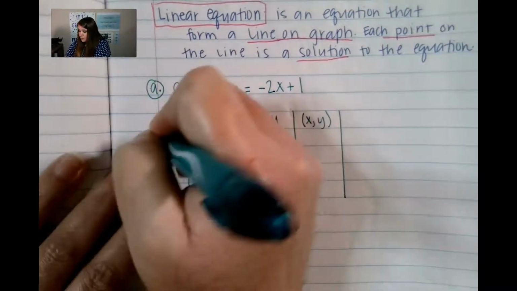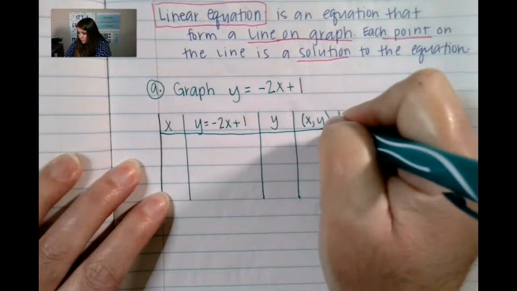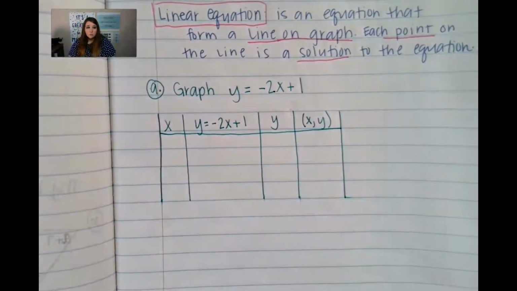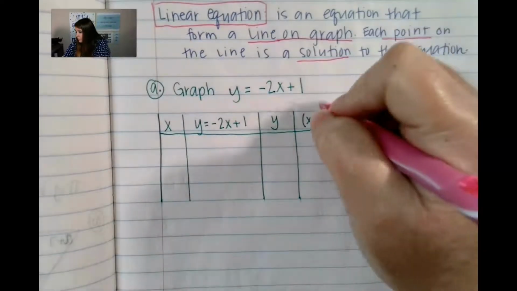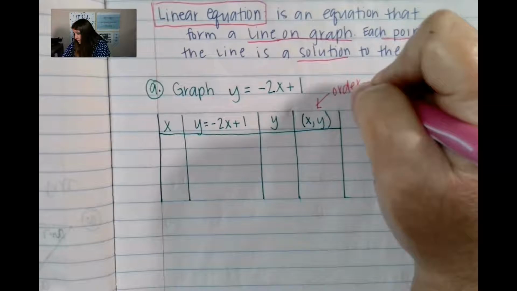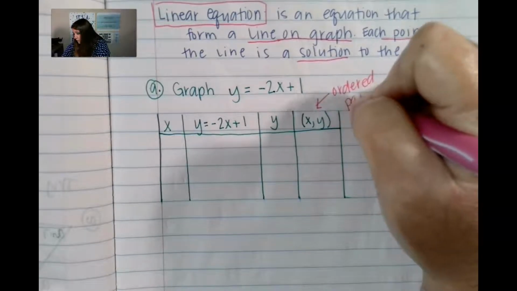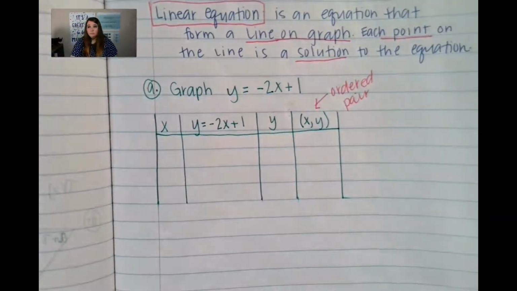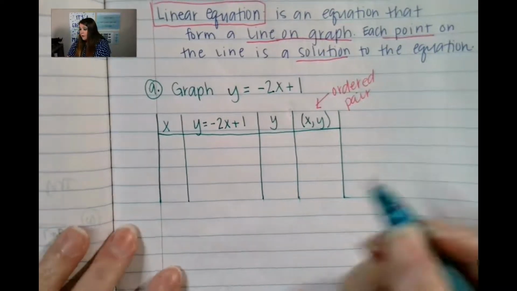All right, so in this table of values, we will use different points to try to figure out what our ordered pair is.